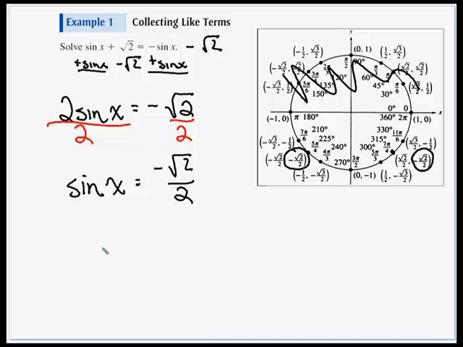That is 7 pi over 4, and the other one is 5 pi over 4. And just like in the previous example, that's going to occur every lap around the unit circle thereafter. So it's 7 pi over 4 plus every 2 pi after that times some integer n, and we have our 5 pi over 4 plus 2 pi n.